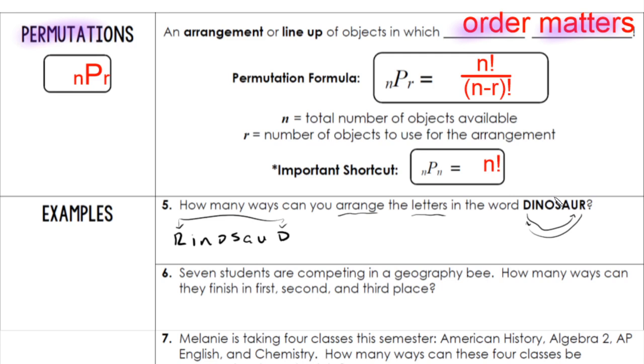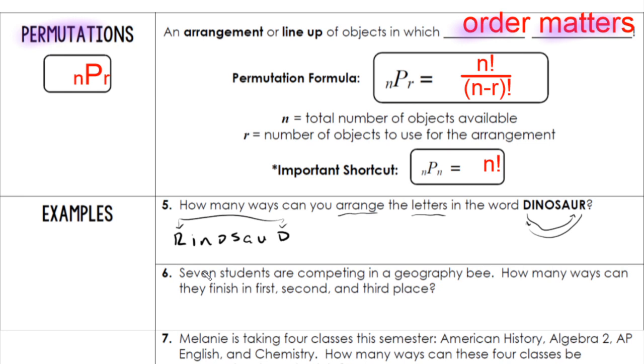If the answer is yes, that means that the order that the letters were arranged makes a difference to the outcome, right? A lot of the time, the problem between permutations and combinations, which we'll get into, is your ability to understand whether or not the order matters. And here's what you want to do.